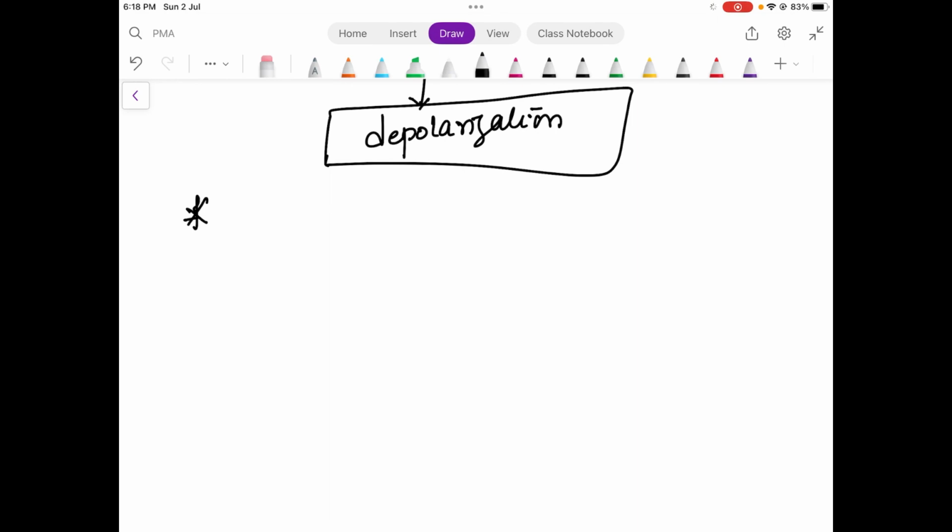In the central nervous system, we have large nerve fibers and small nerve fibers. What happens in the large nerve fibers?